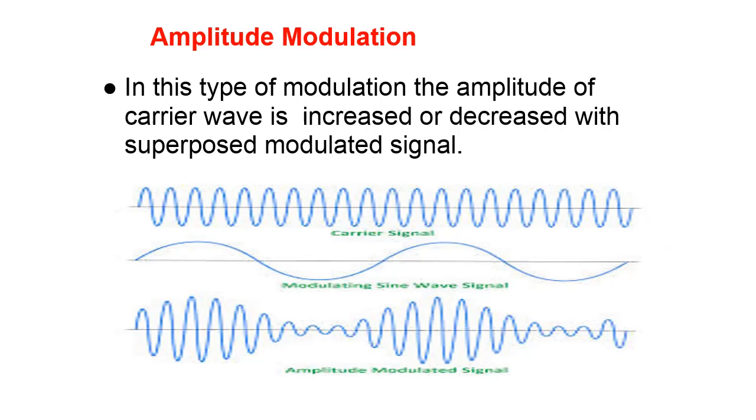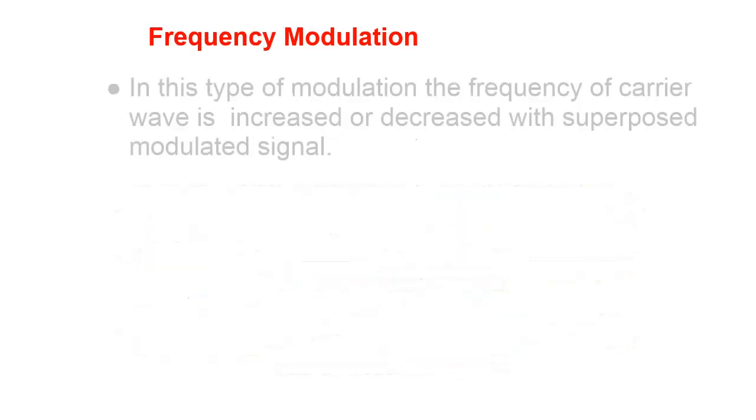In this modulated signal we can see clearly a change in the amplitude: sometimes the amplitude increases, sometimes it decreases, and somewhere between the two loops the amplitude is diminished. This method in which the amplitude of a wave is increased or decreased is known as amplitude modulation.